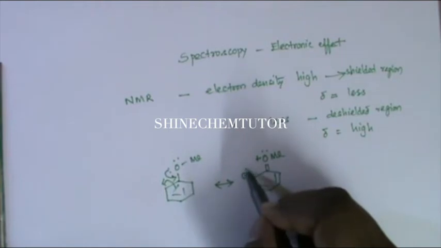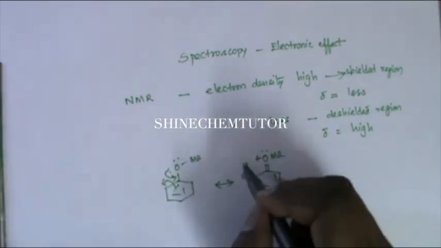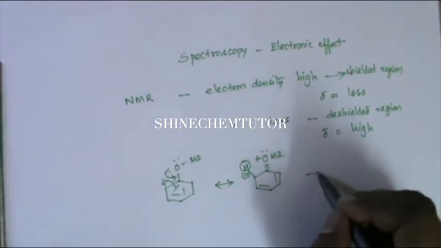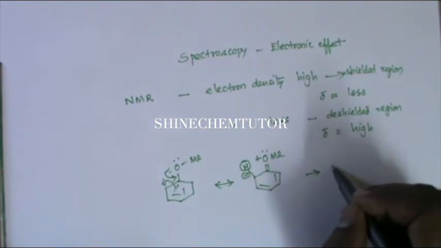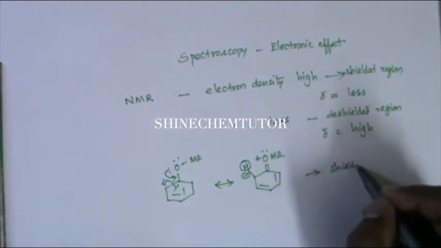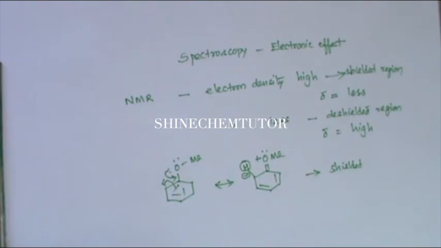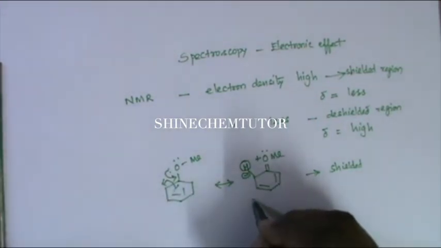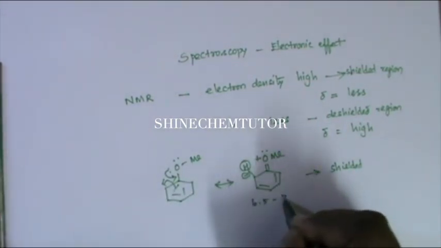So this proton is expected to be in the shielded region or upfield region. Generally the aromatic protons appear between 7.2 and 7.8, but this particular proton will appear around 6.5 to 7.